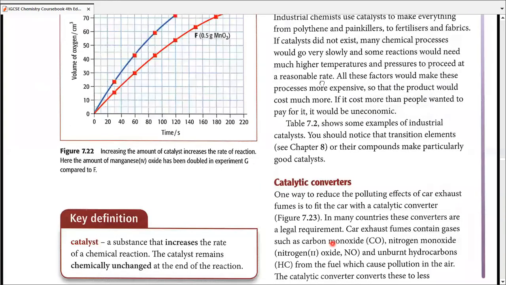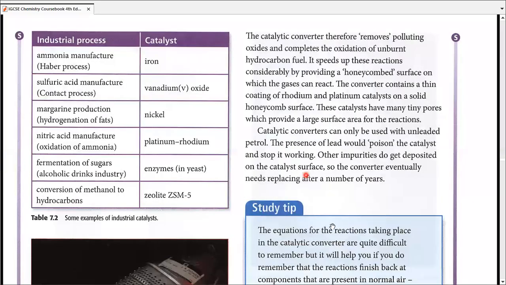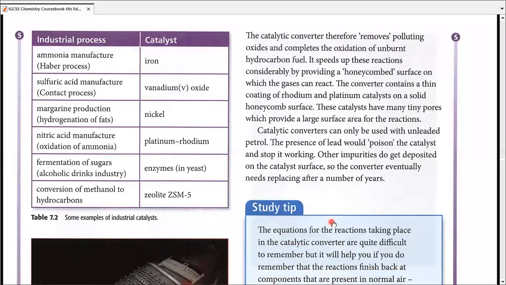Let's discuss the exact industrial processes with the catalyst examples which we are going to discuss right in your book, in your IGCSE course. So definitely Haber's process, ammonia manufacturing, the catalyst is going to be iron. For sulfuric acid manufacturing, we're talking about H2SO4 over here, and NH3 over here.